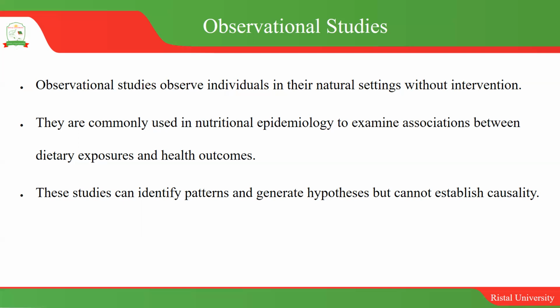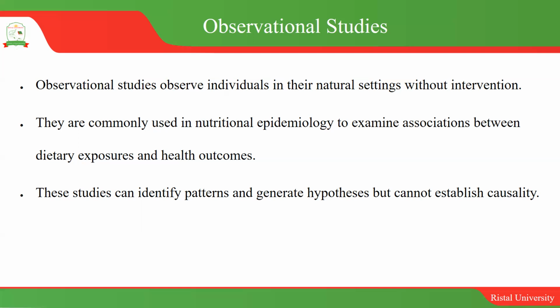With the observational studies, we are basically interested in knowing the association between the dietary exposure and health outcomes. We just need to know that a relationship exists, and if it exists, in which direction. But observational studies do not tell us whether a particular dietary exposure is the cause of a particular health outcome.